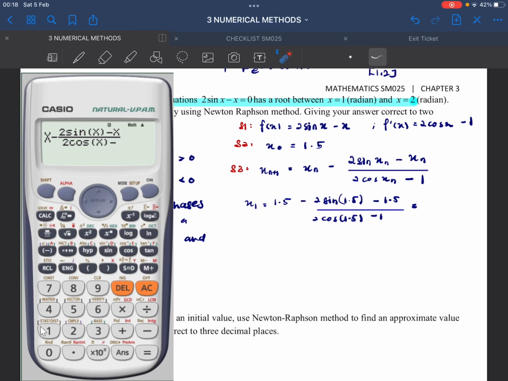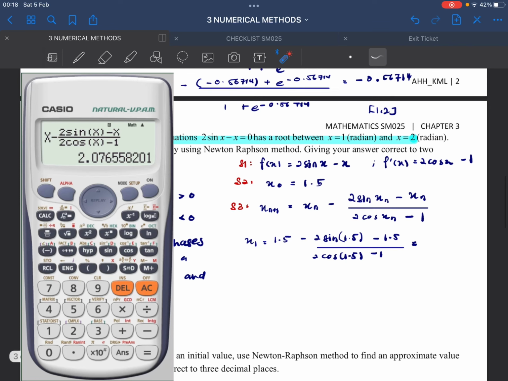Okay, so now what we are going to do is we are going to press calculate here, CALC here, and then we are going to input the value of our x naught, which is 1.5, and then press equal. So here we have the value. Okay, so remember to take note what the question asks, correct to 2 decimal places.